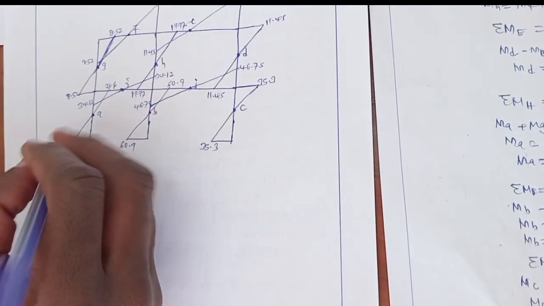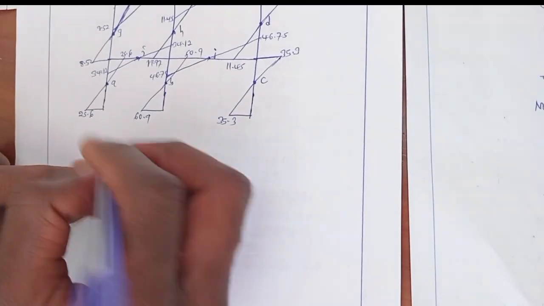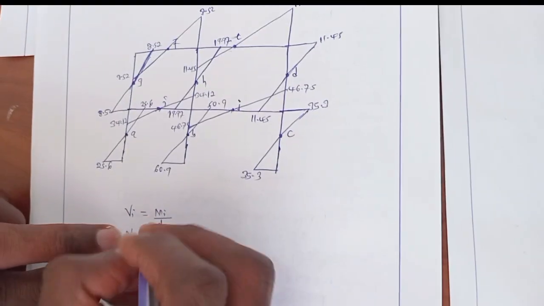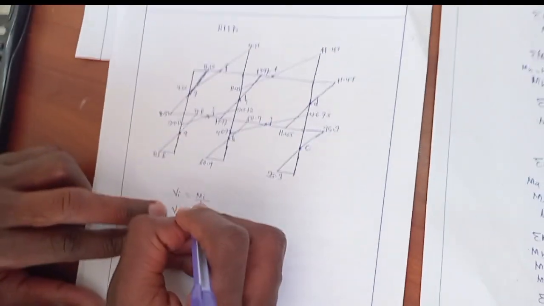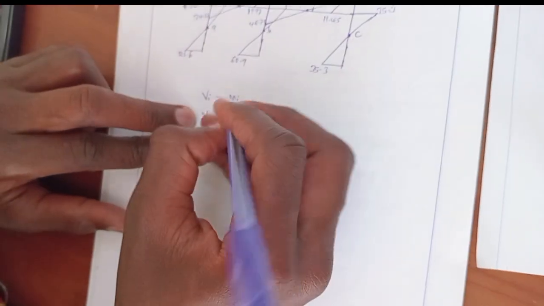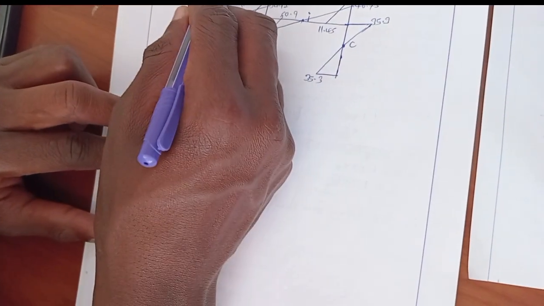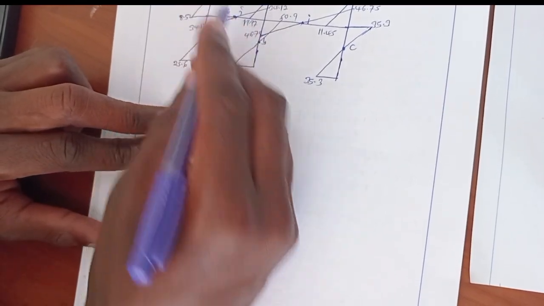So VG, its bending moment for this case is 8.52 over the distance. From this point to this point is 4, and from point G to the ridge joint is 2 meters.